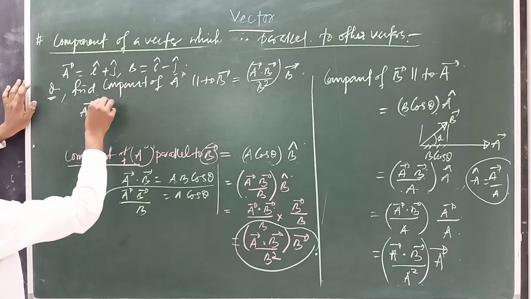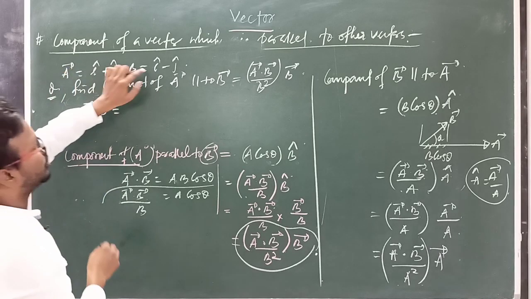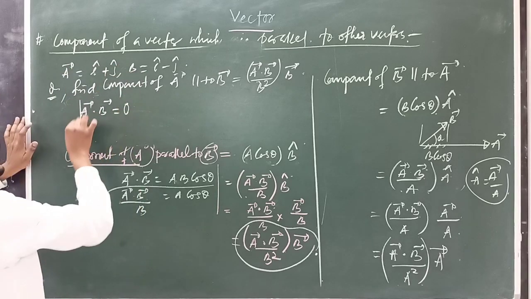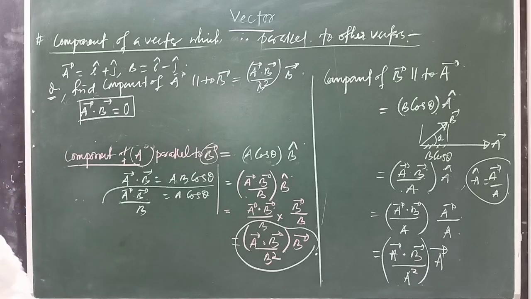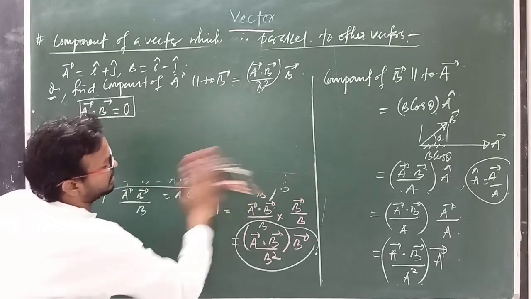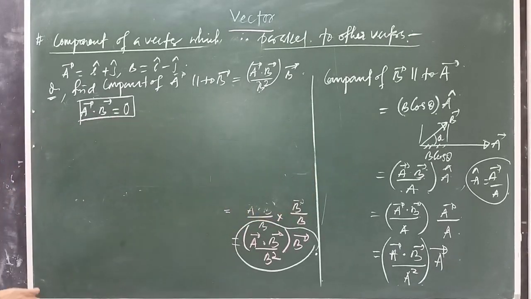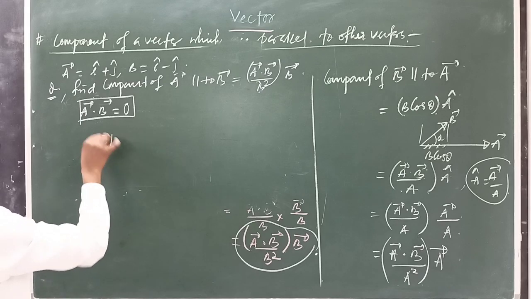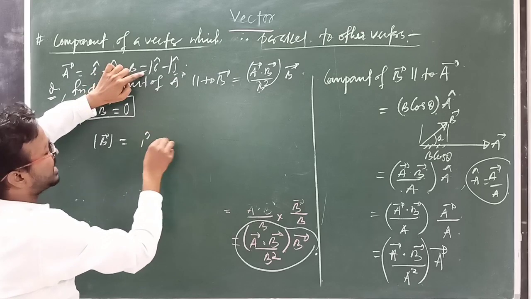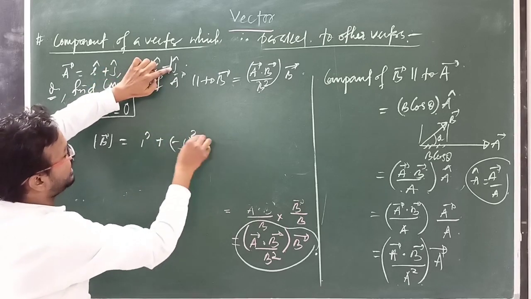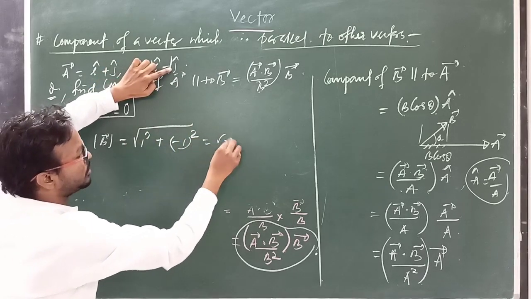So first you have to find A dot B. If you solve this relation, as we already discussed, you will get 0. Clear? And again, B square means the magnitude of B vector. So the magnitude of B vector equals, here component 1, here component 1, so 1 square plus minus 1 square under root, which is equal to root 2.